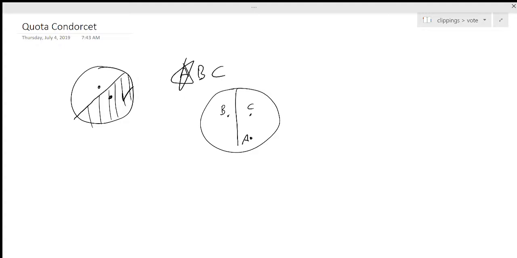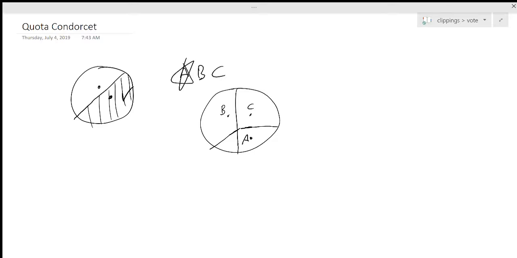So the way you would draw that is you would say they prefer A to B and A to C. So these voters, their vote should not be counted more than once.